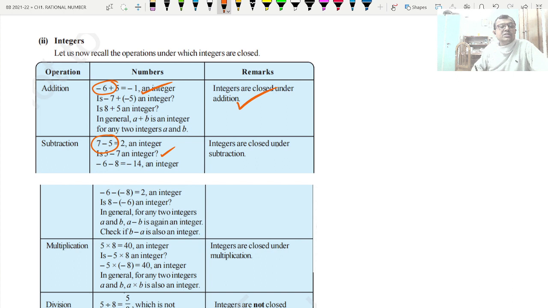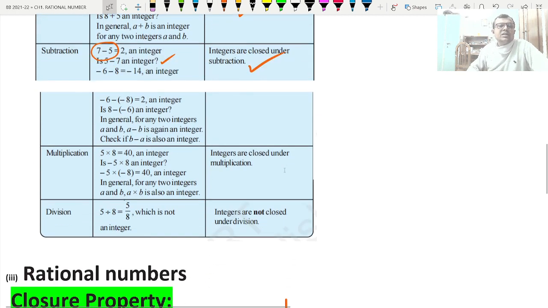Hence, integers are closed under subtraction. Okay, then multiplication. Any two integers you take and multiply, the product will be an integer. Alright? Okay.